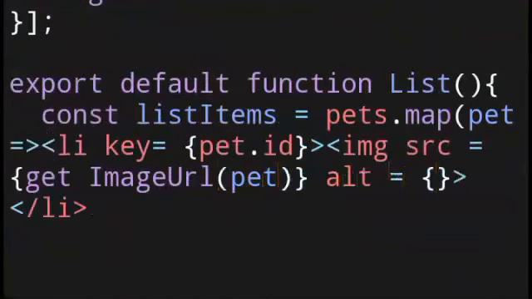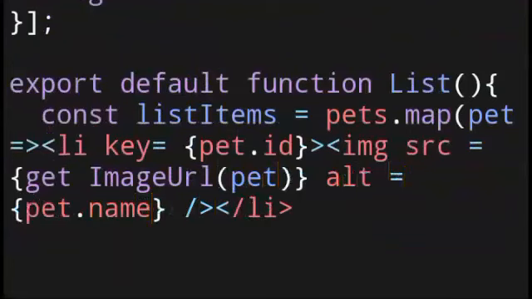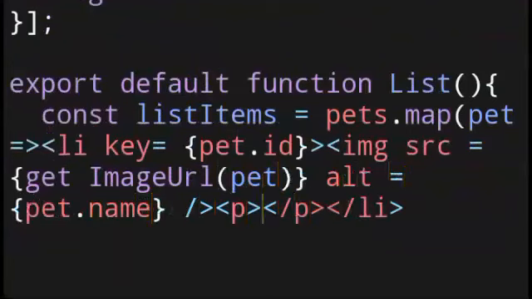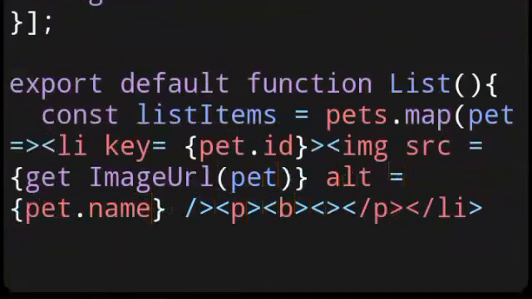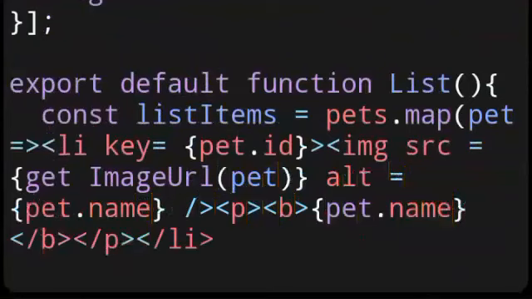So for each pet list item, we dedicate a value pet.id within curly braces to the key, as I already mentioned, why we give a unique ID to each pet: so that they are identifiable. Then the image source comes from the other component, get image URL of the pet.